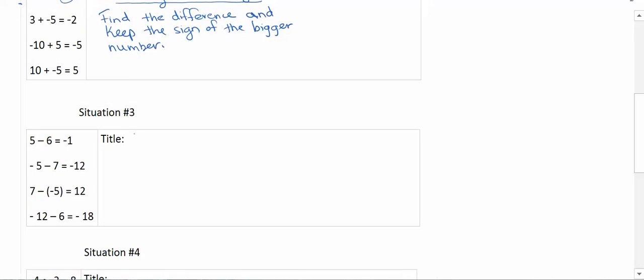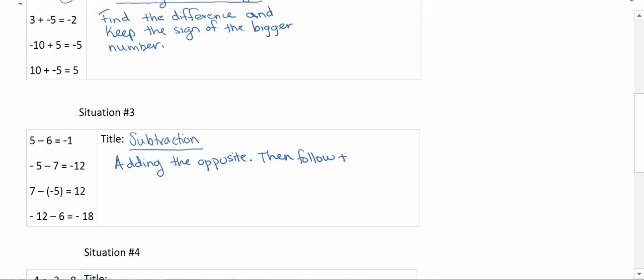Situation number 3, you can see, is subtraction. In this case here, the easiest way to think of subtraction is it is adding the opposite, then follow the rules of addition.